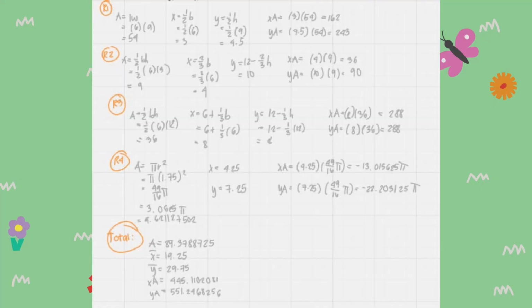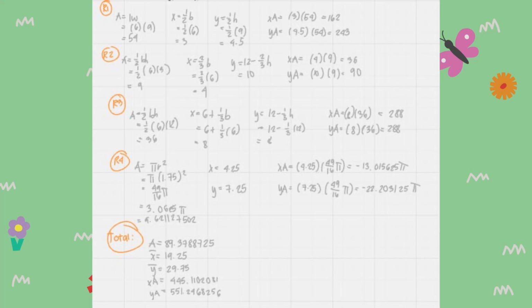Height is 3, so 12 minus 2/3 times 3 is equal to 10. Next is x times area and y times area. X is equal to 4 and area is 9, so 4 times 9 is equal to 36. And y is equal to 10, area is 9. 10 times 9 is equal to 90.